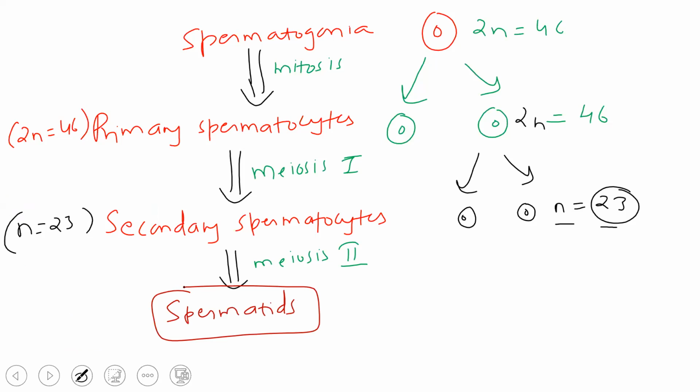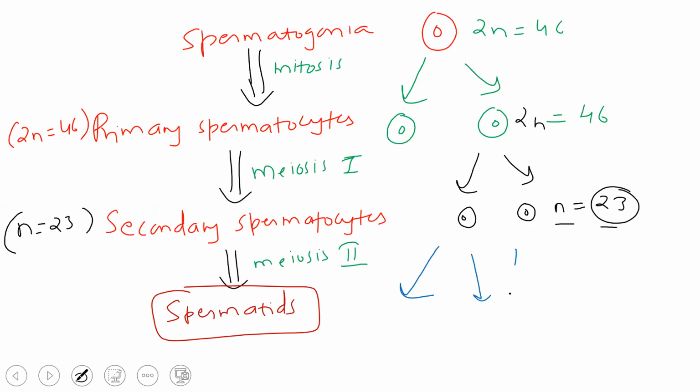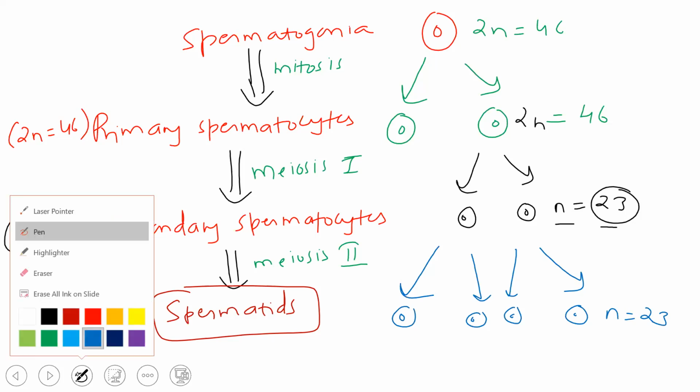From each of these, four spermatids are formed. n is equal to 23, each one will have 23. These are haploid, as you can understand. Meiosis 2 forms this haploid condition.